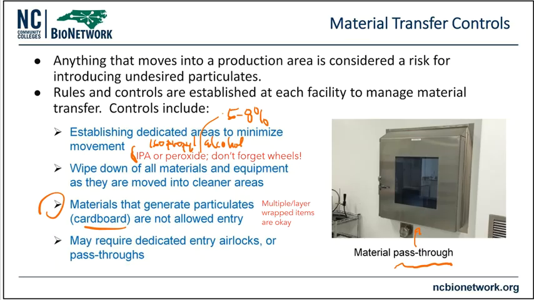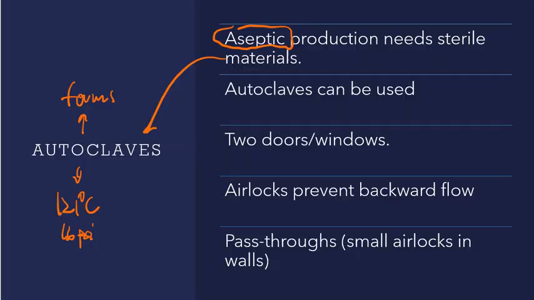And then when that autoclave system goes full cycle, and things cool down on the other side, that person that's working in a cleaner environment can open that door up, reach in and grab these sterile items, and then begin to use them. So it is one way that we can transfer materials from one area to the next and help prevent contamination that will go with the transport of those materials from one room to the next.